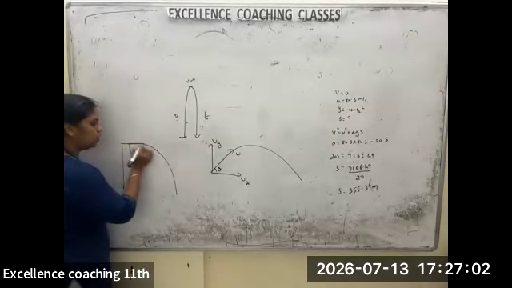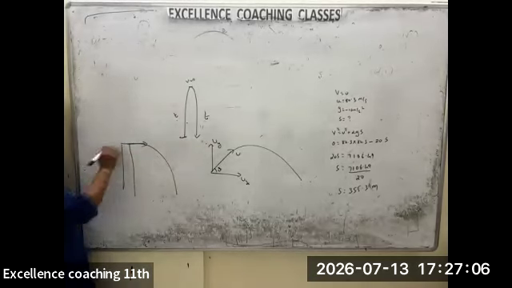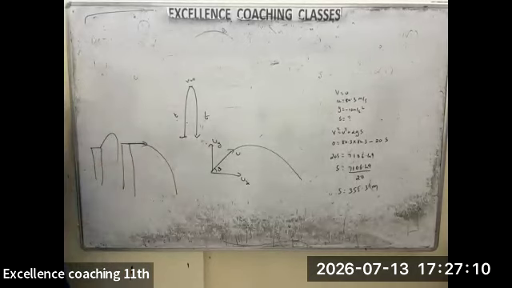So this is the only velocity present now, horizontal velocity. There are many cases, and covering all of them would take 2-3 classes. So let us focus on the question paper and go according to the questions that come.